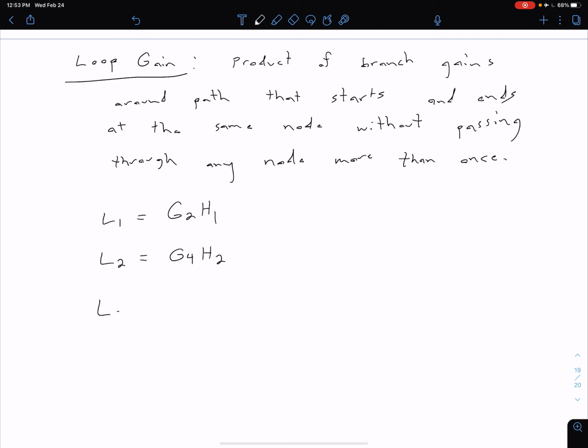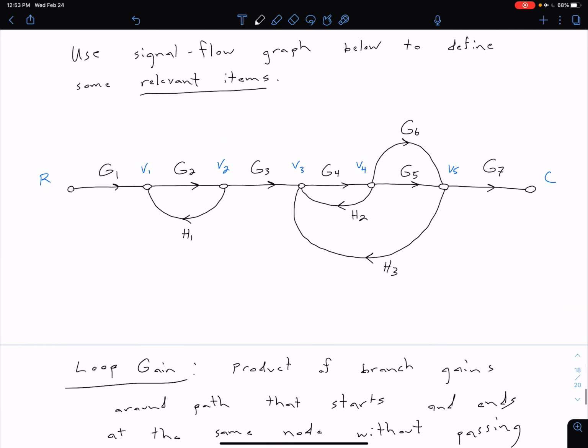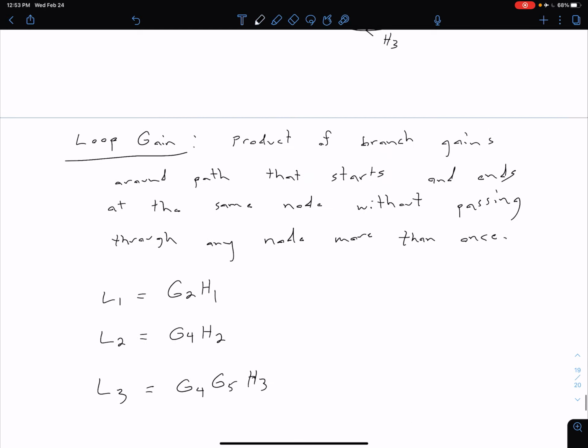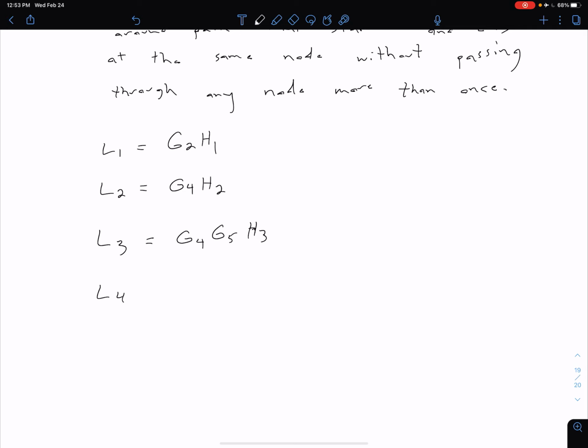Then of course we can do a very similar path by just substituting our parallel branch. So we can do G4, G6, H3. We don't have any other loops, so those are our 4 loop gains for this system.